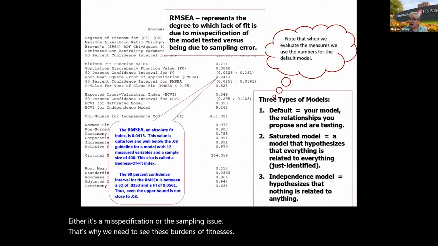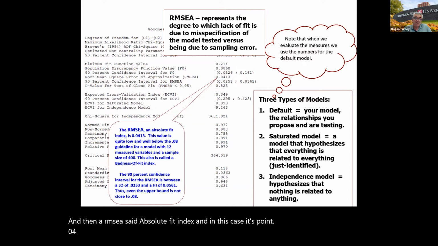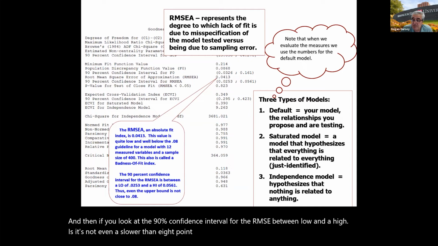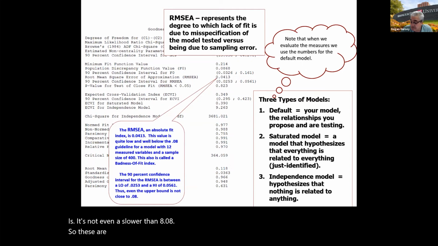RMSEA is an absolute fit index, and in this case it's 0.041. It's quite low, so I guess this is acceptable. If you look at the 90% confidence interval for the RMSEA, between low and high, it's lower than 0.08. So these are acceptable numbers.